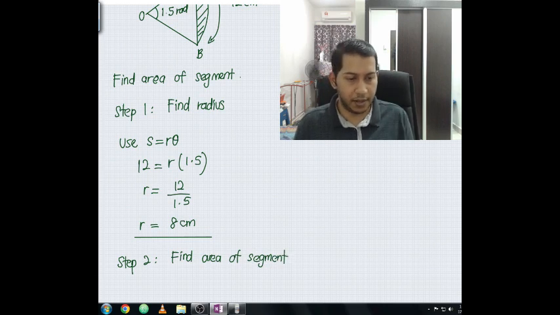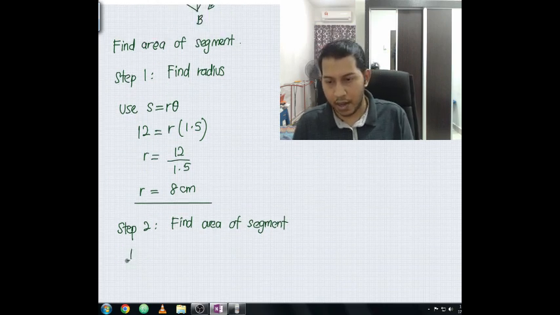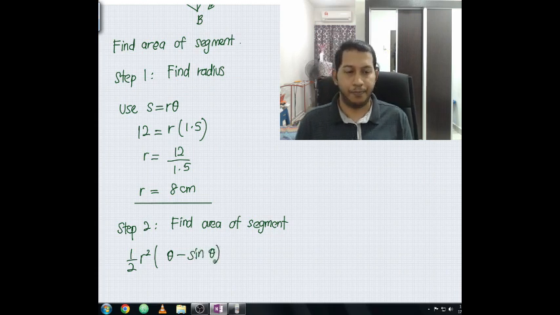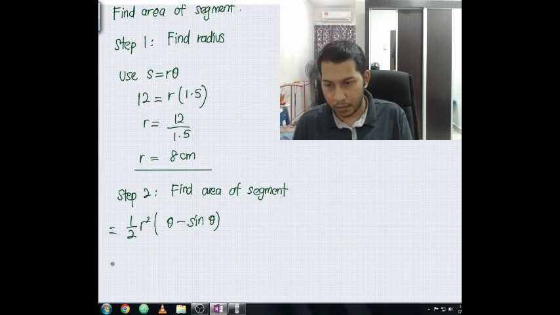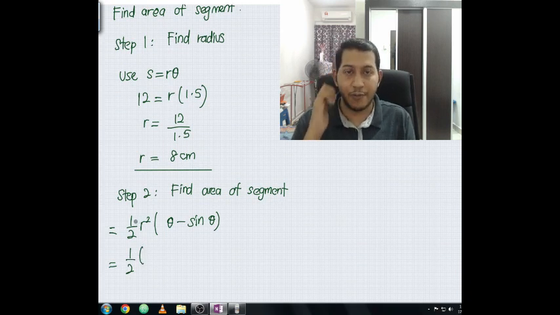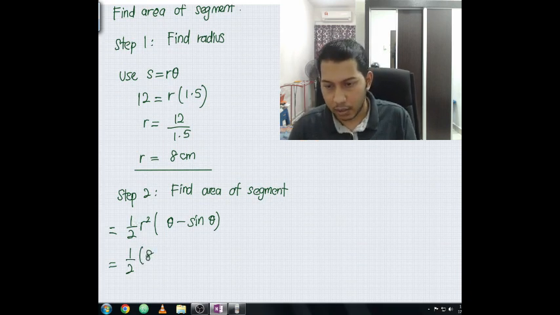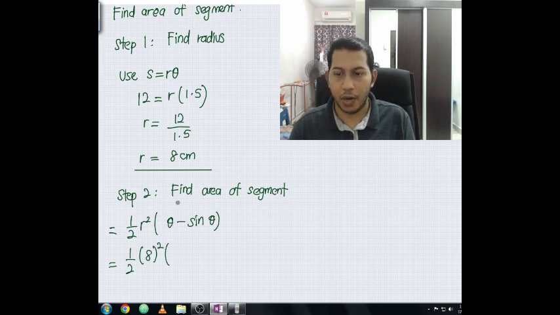We're going to apply the formula half times R square, in the bracket theta minus sine theta. So from here, 1 over 2, the radius we have already found in step 1, which is 8 centimeter. So half times 8 square, and then the theta, which is 1.5, minus sine 1.5.